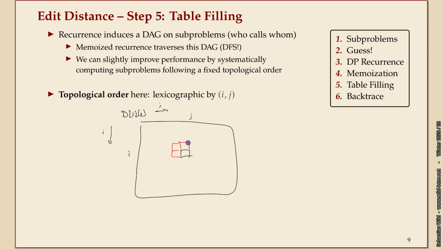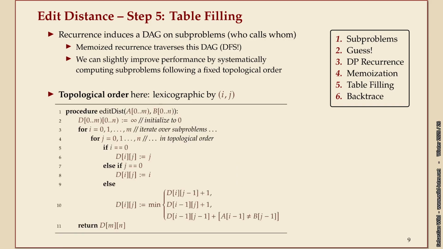They correspond to the insert, delete, and replace / match. So the edges in the graph would look like this, and that's all edges. So you can do many things in this case to get a topological order, but one way to do it is to go row by row, and then within each row by increasing columns. Okay, that's a long way to say lexicographic by i and j. And here's the code for doing that.